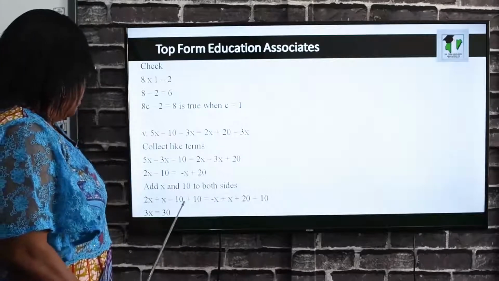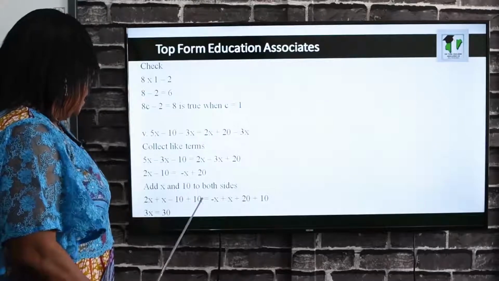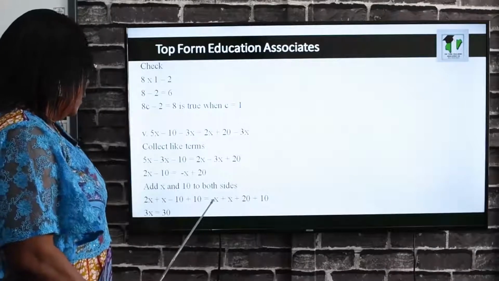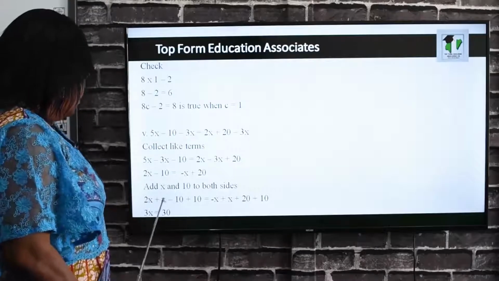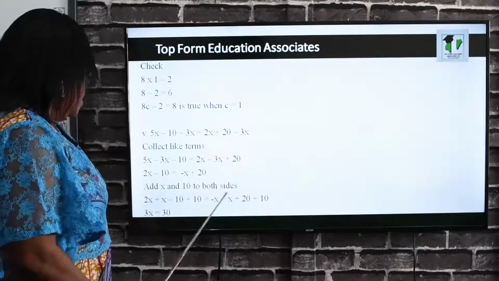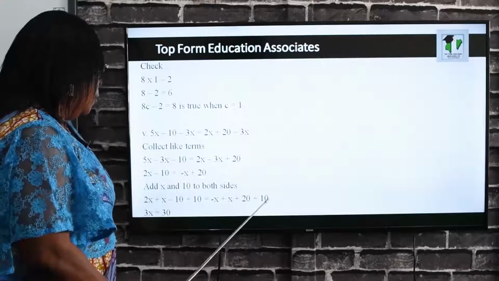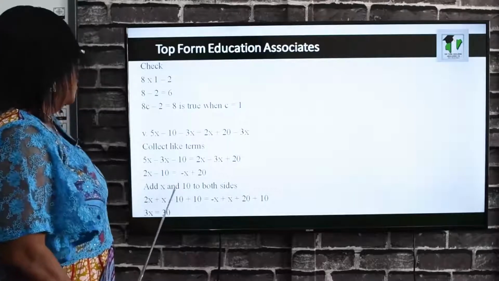And that gives us minus 10 plus 10 is 0. Minus x plus x is 0. So we now have 2x plus x, which is 3x, and 20 plus 10 gives us 30.